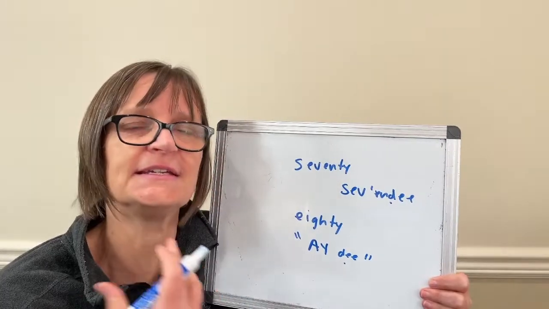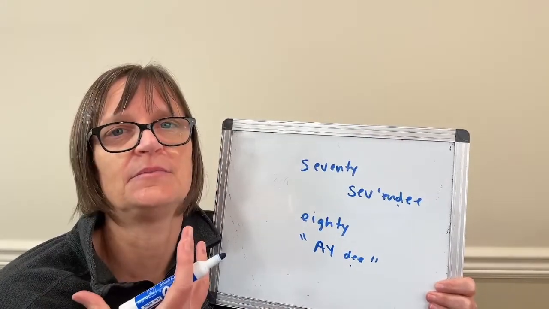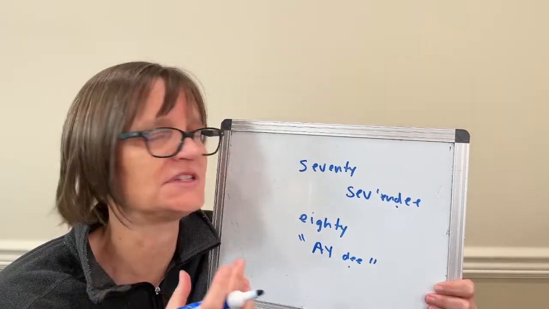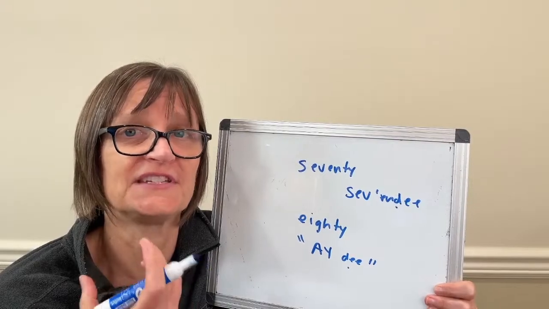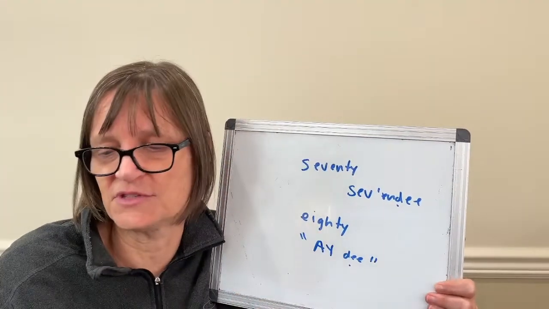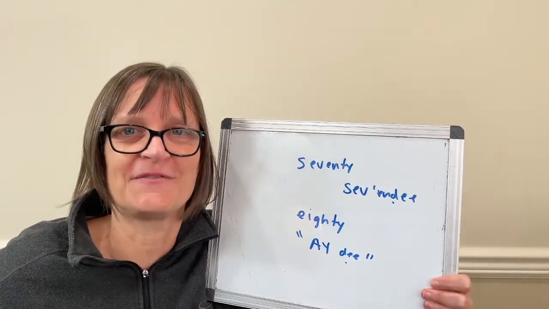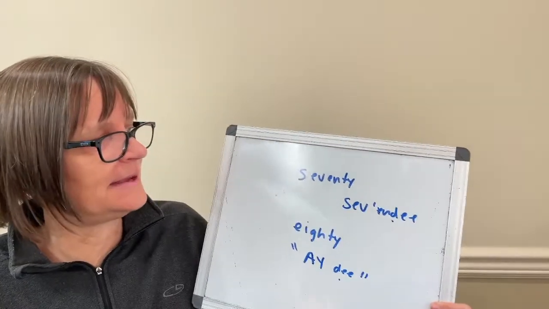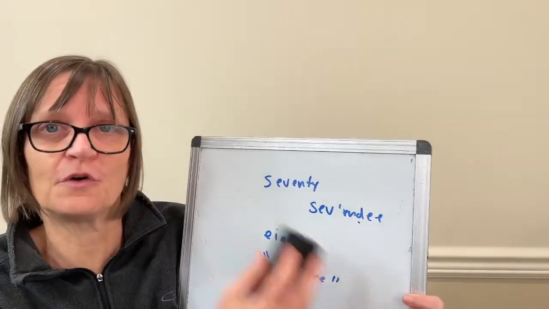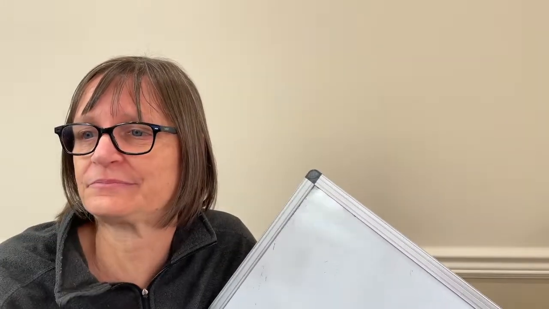And in 70, sometimes people will use the T, but then you might sound more like 17. So I think using a flap is a better way to go. I do have videos for both of those words and for other numbers, so you can hear me talk about those differences in those videos as well. Okay, great.